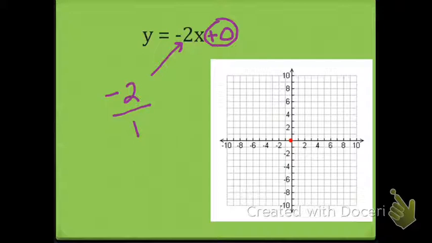So we make it a fraction, negative 2 over 1, or you could make it 2 over negative 1. So if we graph the negative 2 over 1, we would go down 2 over 1, or we could go up 2 to the left 1, and it leaves us with the same line.